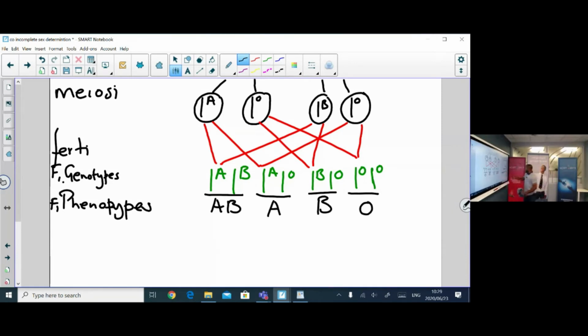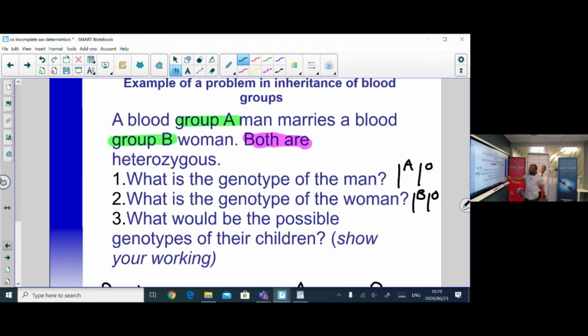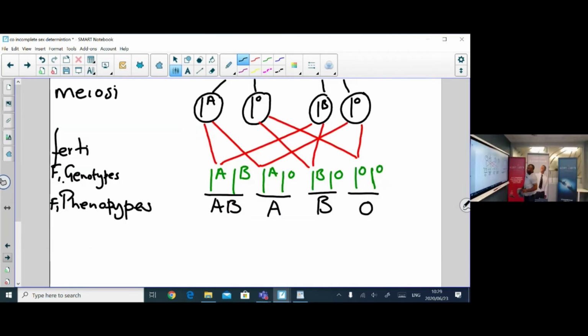What was the question saying? What would be the possible genotypes of their children? Show your working. See, the good part about the genetic diagram, you kill two birds with one stone. So we have answered the question.